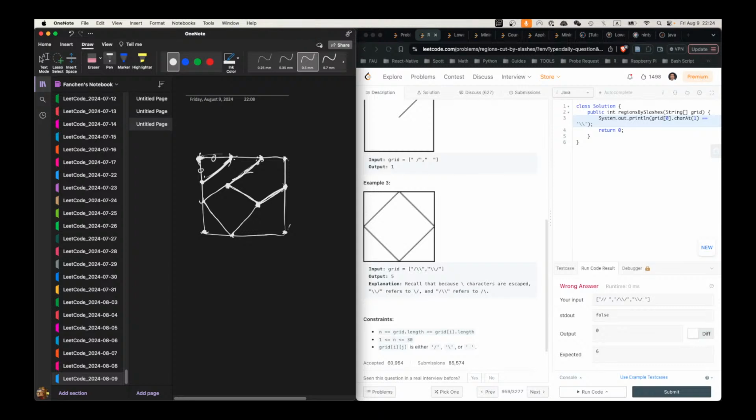This is an edge. These are all edges. And we can say, build a graph based on edges. Two edges are connected if they share a node.